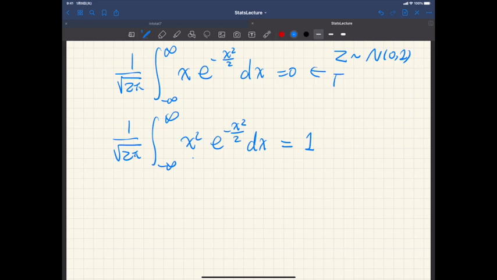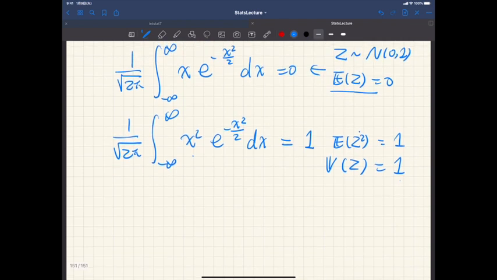Then the expectation value of z is 0, and the expectation value of z squared is, not 0, sorry, this is 1. So the variance of z is 1. So this minus this squared is 1, right? So we have these results.